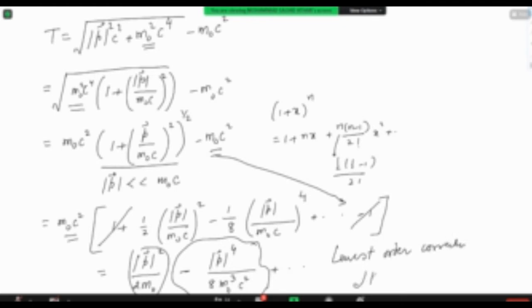And in our general notation, this is H_I, equal to minus p to the power 4 by 8 m naught cube c square. This is the relativistic correction, and using perturbation theory, we have to find how much this perturbation is going to change our original result.